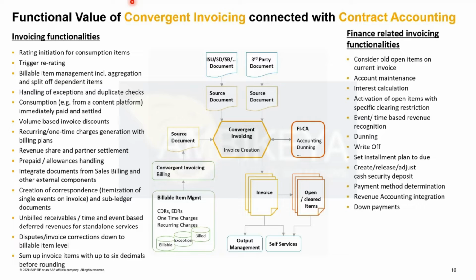There are a couple of capabilities mentioned here on the left side. I don't want to go through all these details. I'm sure you will get the presentation after this meeting to digest all the points here in a little bit more detail. But what makes this connection unique is whenever we are executing the invoicing process in convergent invoicing, we have in access the contract account of FICA.